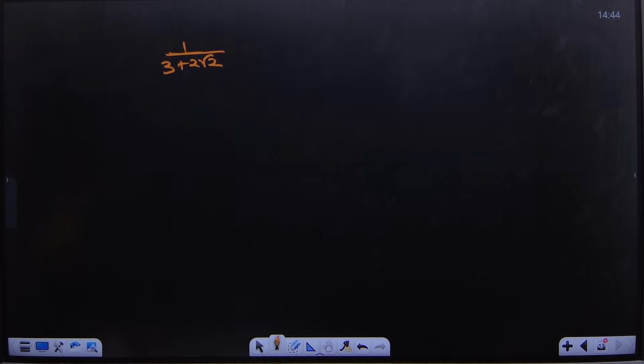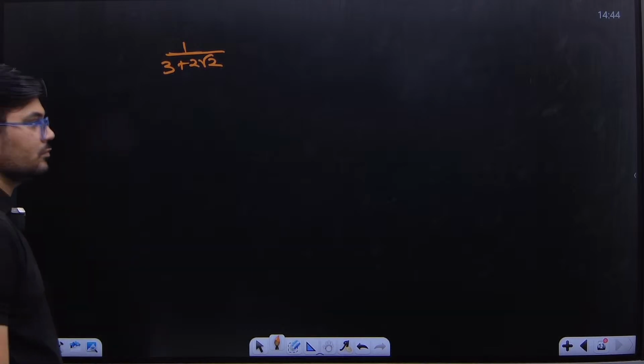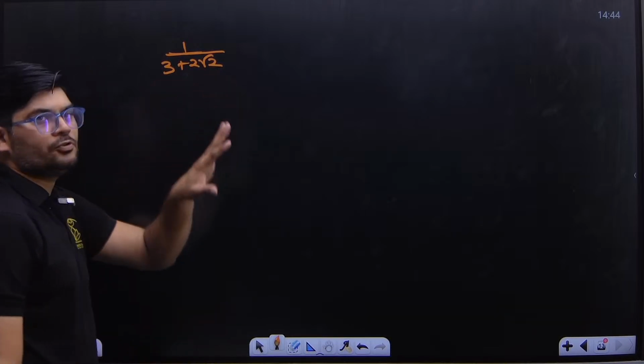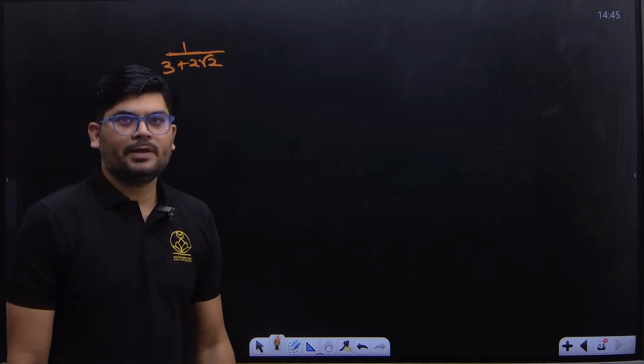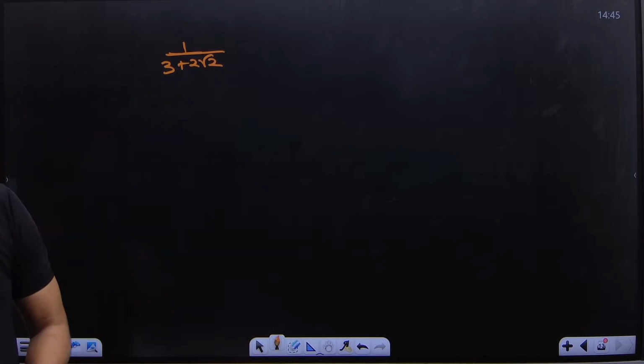By what number you will multiply this? It'll just be 2 root 2, right? Not 3 plus 2 root 2? No, it is 3 plus 2 root 2 only. Okay. By what number you will multiply?